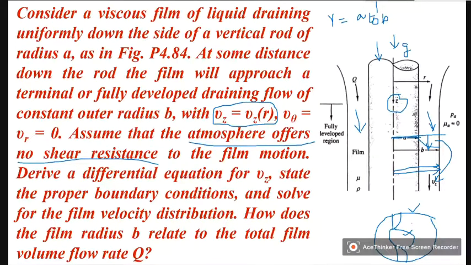Where is infinity here? At B, sir. Say clearly. From A to B, sir. You are getting confused, that's all. Where will the shear resistance be 0?